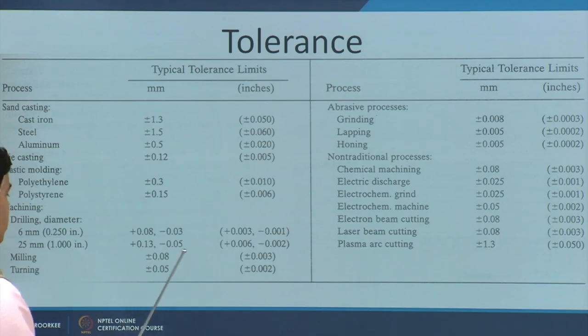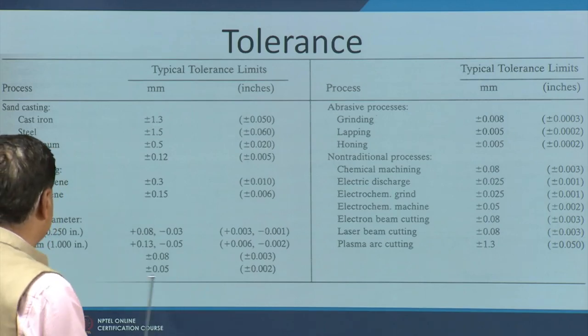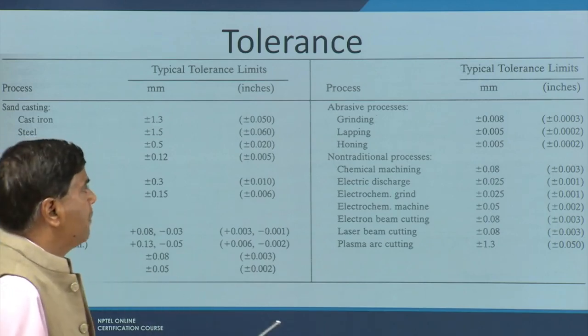For milling it is plus minus 0.08 and for turning it is plus minus 0.05. So, very close dimensional control can be achieved through the turning and milling processes.